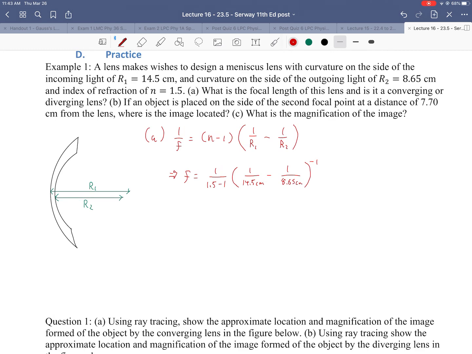Okay? So let me plug in my numbers here. So 1 divided by 1.5 minus 1, which of course is just 0.5. Okay? So I get negative 42.9 centimeters.